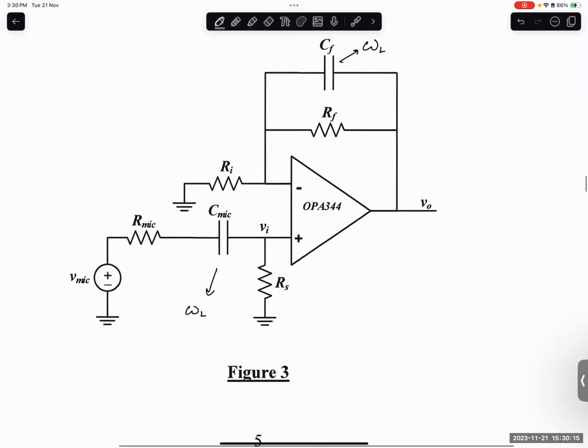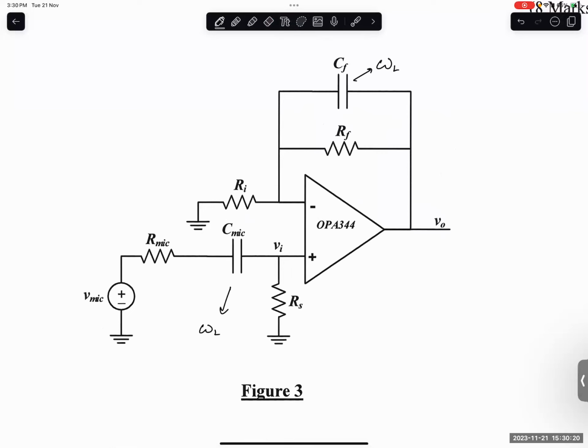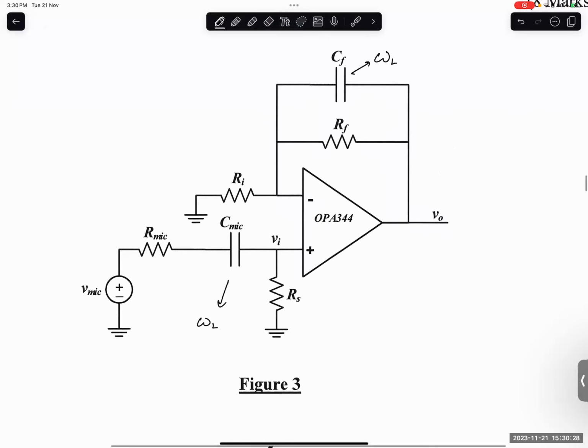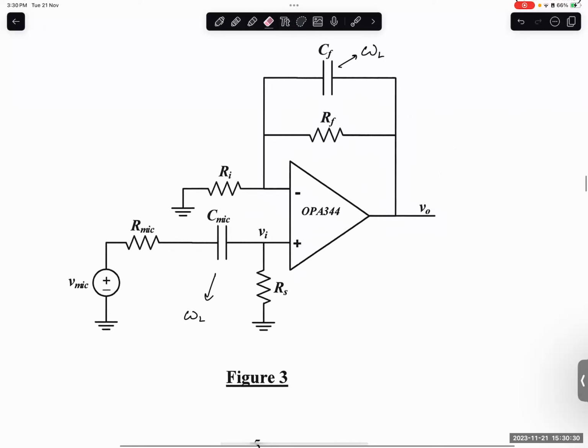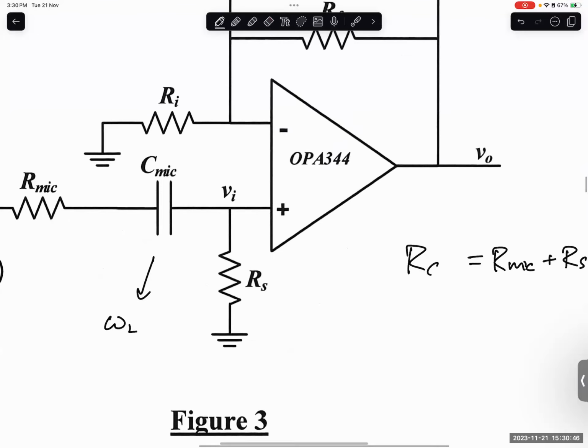So let's do C mic first. If we do C mic, everything should be open circuit, right? Open circuit test. So for C mic, it's just R mic plus RS, so RC mic.